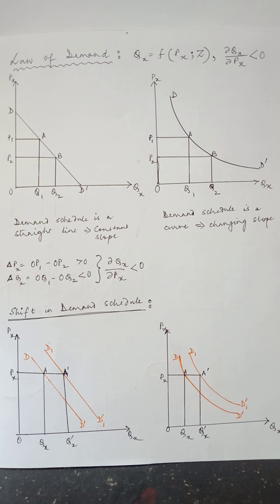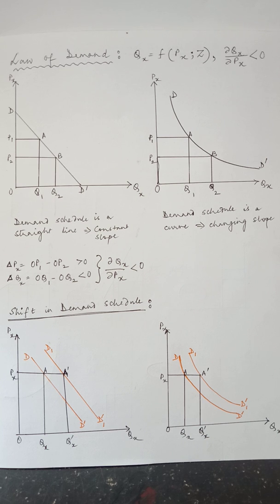And for substitute goods, if the price of the related commodity is increasing, then the demand schedule will shift to the right, that is, the demand will increase for this particular commodity X. And so the law of demand states that whenever there is a change in the own price of the commodity, the quantity demanded will be changing in the opposite direction.